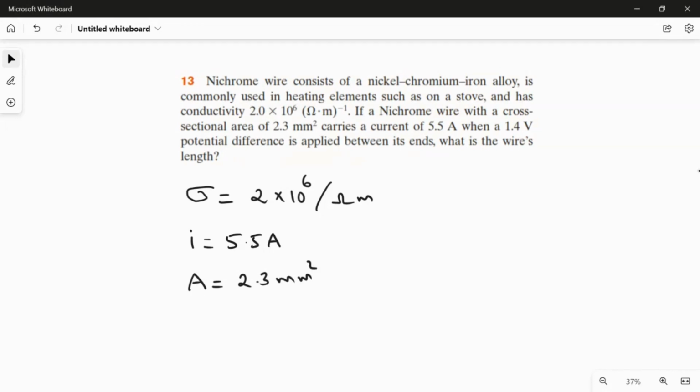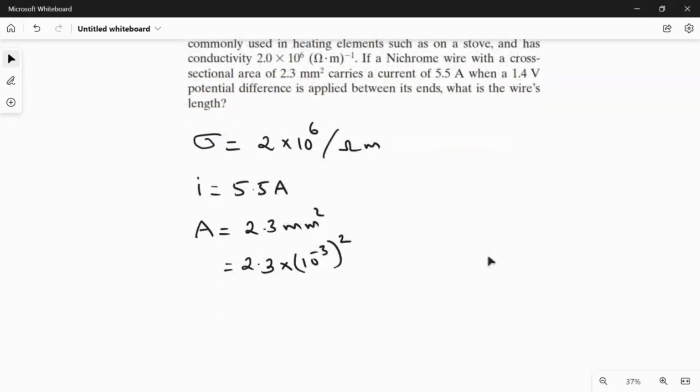If you convert it in terms of meter square, we have to convert millimeter to meter first. So 2.3 multiply 10 to the power of minus 3, the whole square, right? Because 1 millimeter is equal to 10 to the power of minus 3 meter, and here the square is given. So if you square this value, we get 2.3 multiply 10 power minus 6 meter square. So this is the area in terms of meter square.